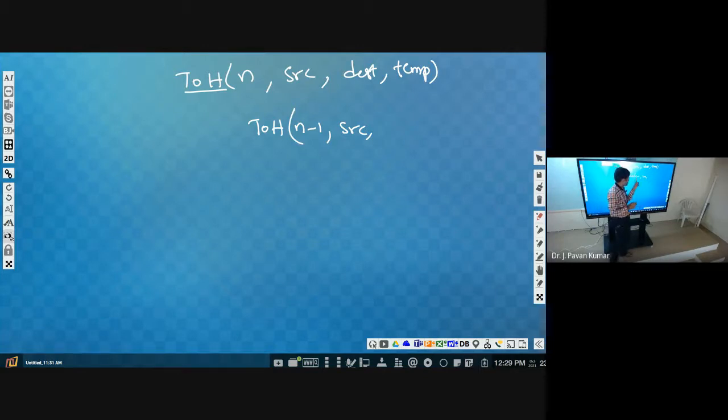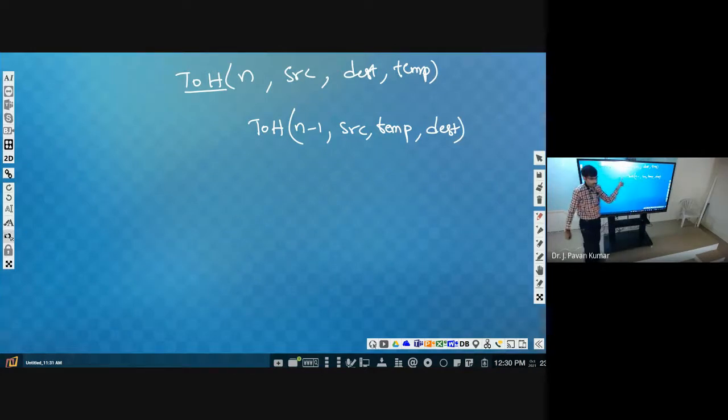Okay. So now n minus 1 boxes, where we have the source, to where do we have to transfer? We have to transfer to temporary, so the destination will be temporary. By making the destination the temporary, we will be transferring.